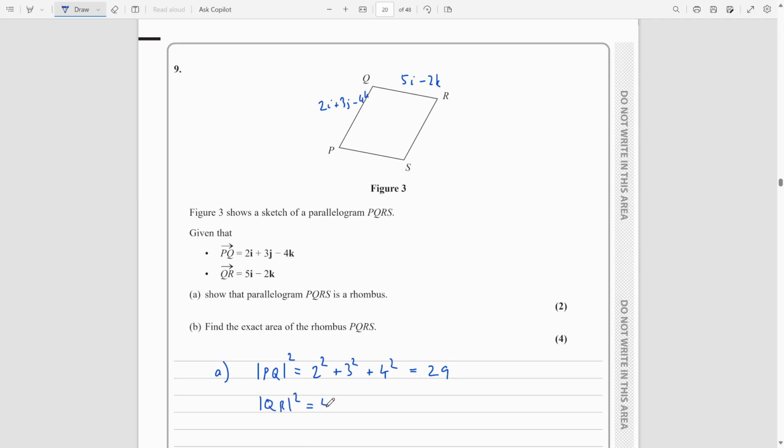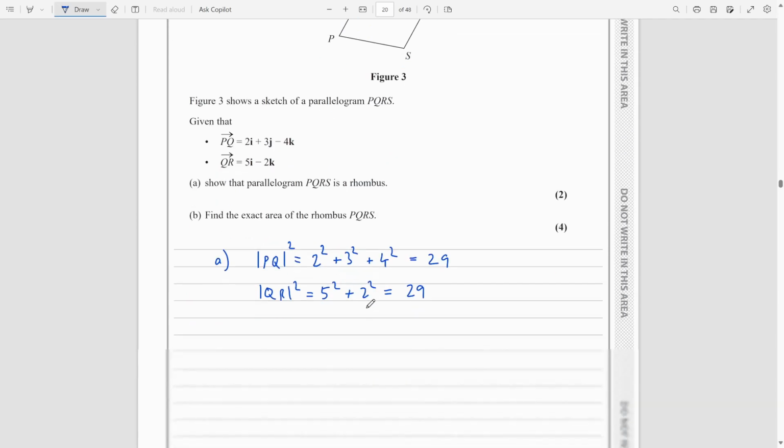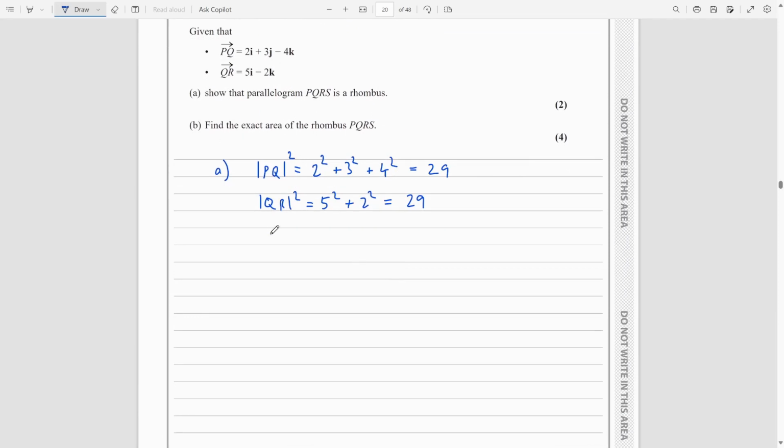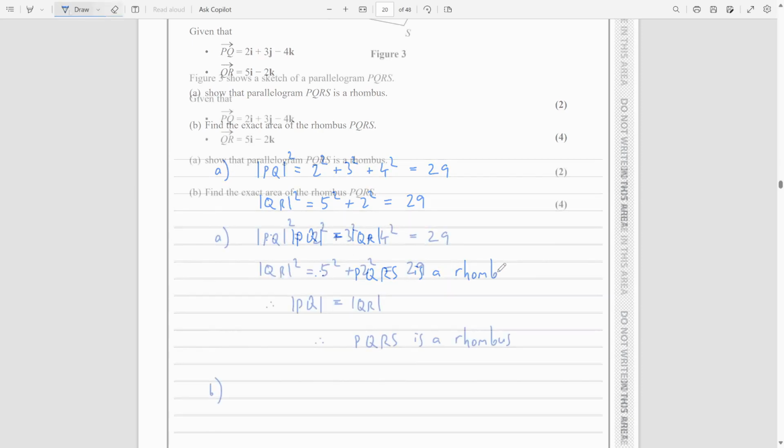Well, it's 5 squared plus 2 squared, which is also 29. So what I've shown is that the modulus of PQ is equal to the modulus of QR. So they're the same length. And therefore, PQRS is a rhombus.